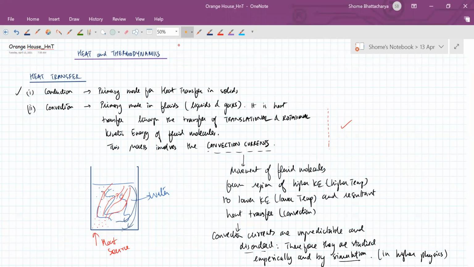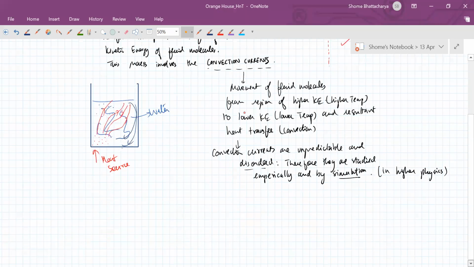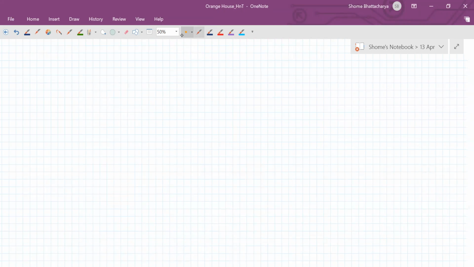Okay, so now let's move on to radiation, the third mode of heat transfer. Now, radiation is different from convection and conduction in the sense that it is a mode of heat transfer via electromagnetic waves.